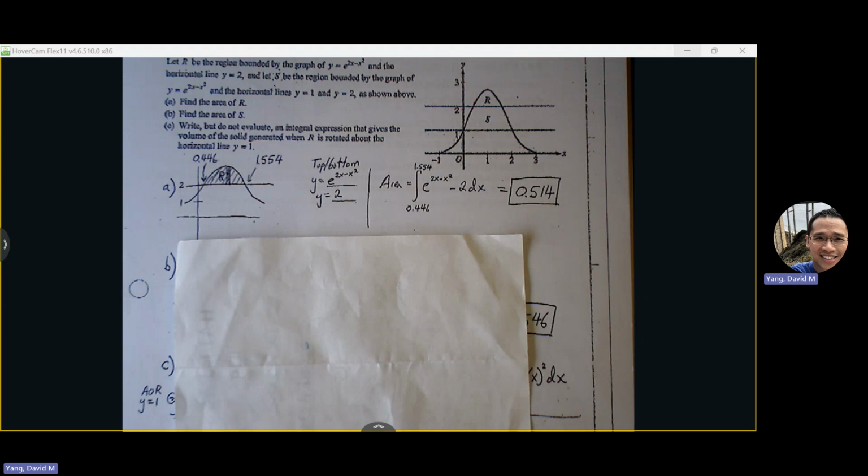It ends up being the washer method because there's a gap between our shaded region and our dotted line. So from the dotted line, you're going to draw two radii, one that extends all the way to the top of the curve, and the other one just extends to the y equals 2 line.